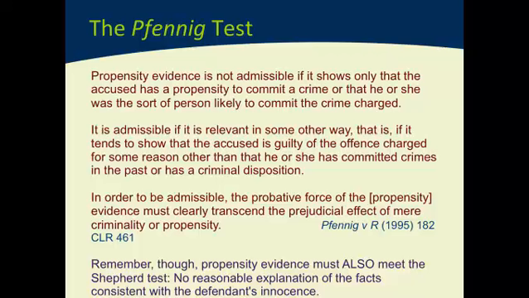So it must, the probative effect, this constant balance between probative effect and prejudicial effect that we've been talking about all semester, the balance must be so clearly in favour of probative rather than prejudicial that it would almost be an affront to common sense in Shepherd terms not to admit the evidence. So that's the Pfennig Test.